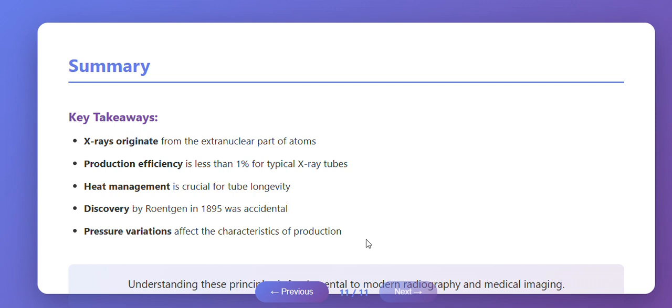Fourth, the accidental discovery by Roentgen reminds us that great science often starts with curiosity. And finally, pressure variations dramatically affect X-ray production. Controlling pressure is key to creating optimal conditions. Understanding these principles is fundamental to modern radiography, medical imaging, and many industrial applications.